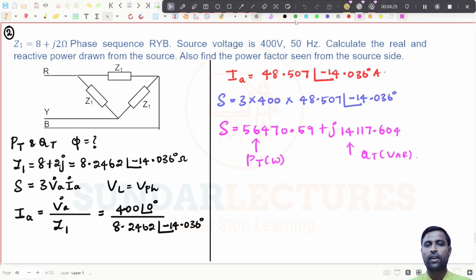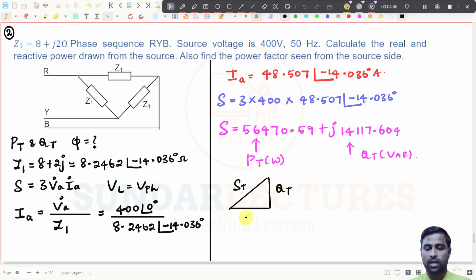And if you want to find the value of the power factor angle, you know this diagram. We have seen these kinds of things already. Anyhow, I will draw it again. This is ST, here it is QT, and here it is PT, right? So what is the angle? This is the phi angle.